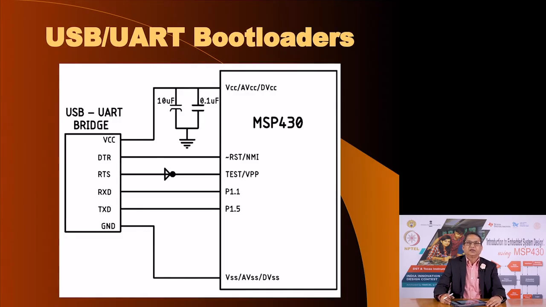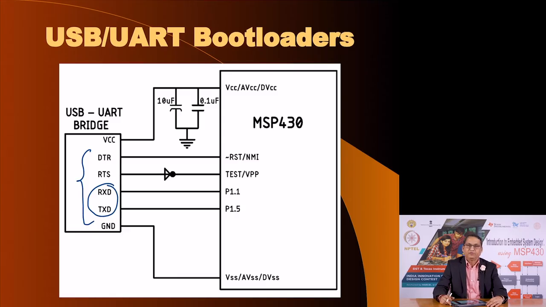These are the connections that are required for the USB and UART based bootloader. You need a bridge, as I mentioned earlier, which on one side connects to the USB and then generates the TXD and RXD communication signals. But on the MSP 430 there are two pins designated as TXD and RXD.